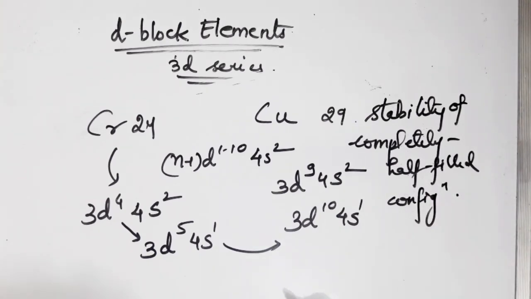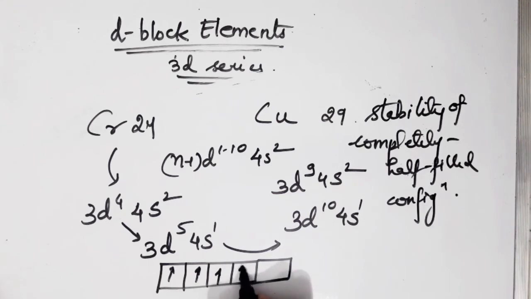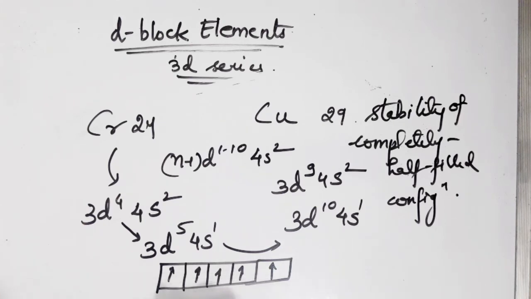So the half filled and the completely filled d orbitals are more stable as compared to the above configuration, and therefore these electronic configurations are more stable.